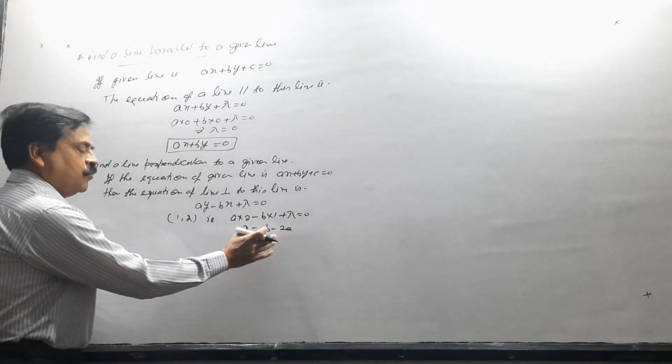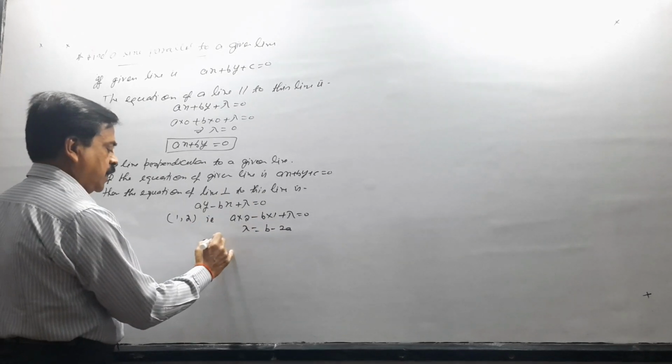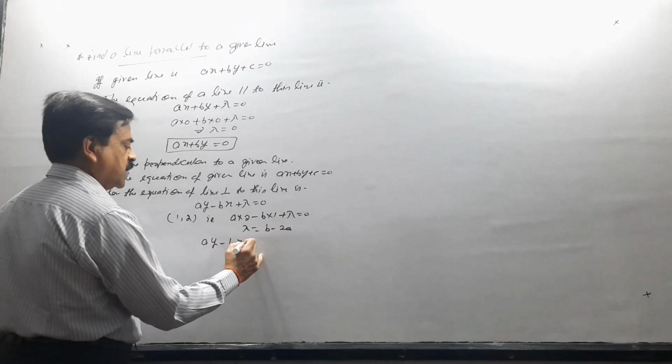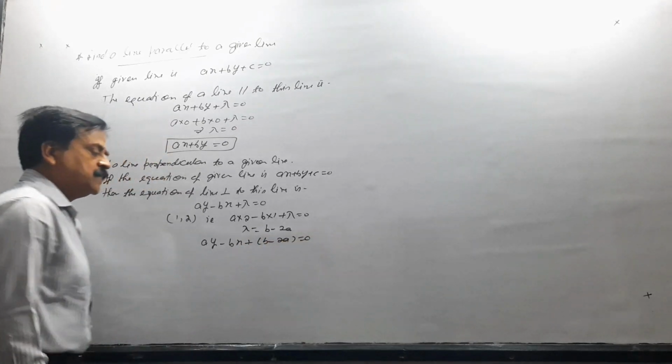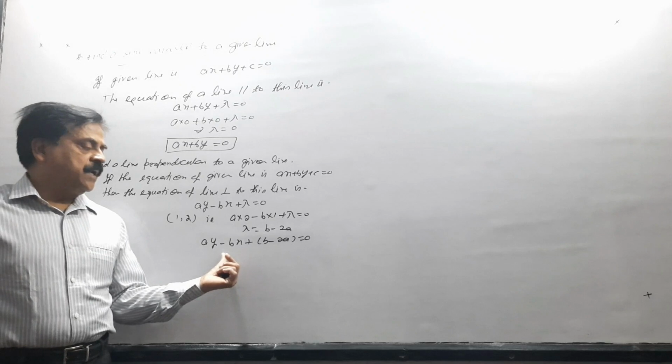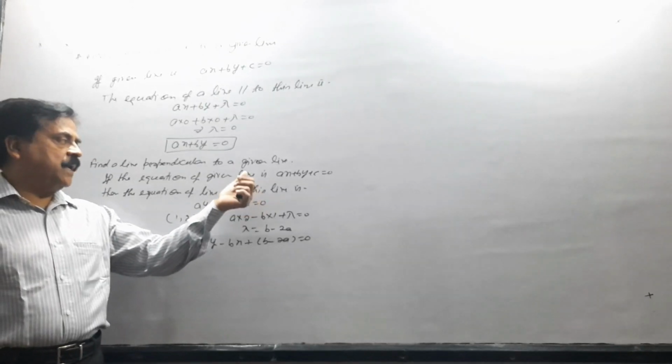Replace this value of lambda in this equation. We get ay minus bx plus b minus 2a is equal to 0. This is the required equation of the line perpendicular to this given line.